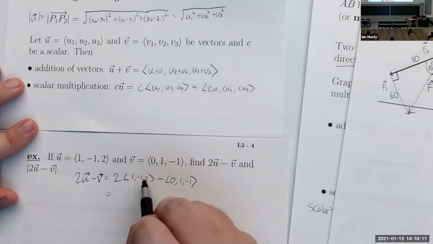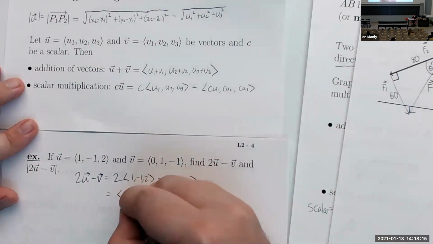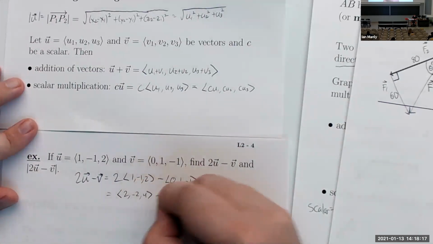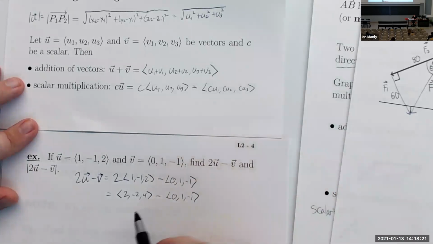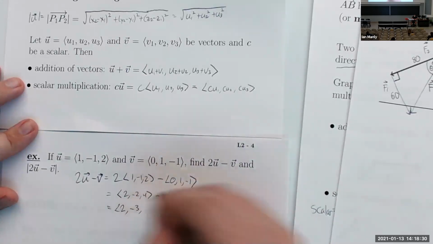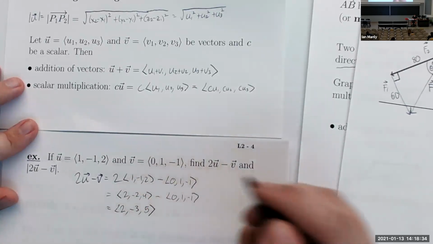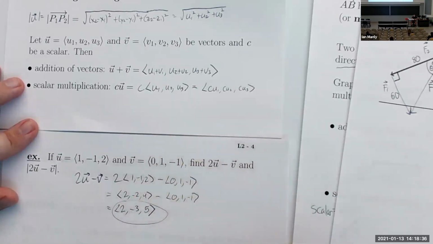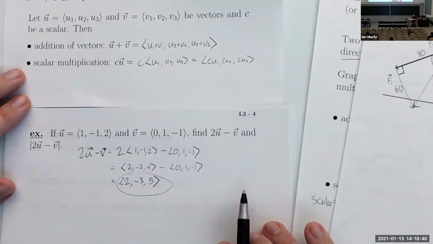Let's do 2 times this. That means we just multiply all of the numbers in here by 2. So 2, negative 2, and 4, minus 0, 1, negative 1 right here. Then I'm going to subtract. So 2 minus 0 is 2. Negative 2 minus 1 is negative 3. And finally, 4 minus negative 1 gives me 5. So this right here is 2u minus v.